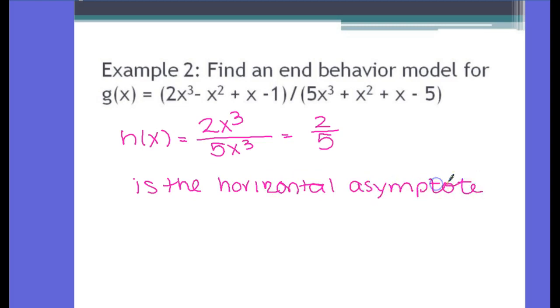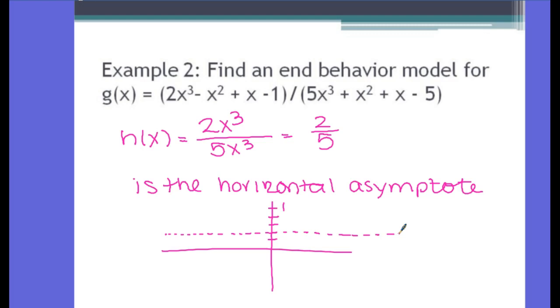The end behavior model is the horizontal asymptote. So again, in terms of graphing this, that 2/5 is acting like a bound. As this graph gets big, it acts like the graph of 2/5.